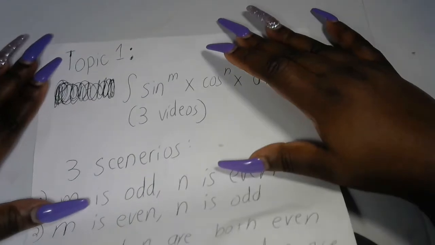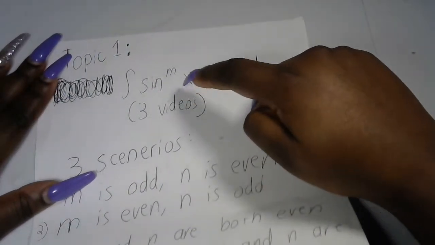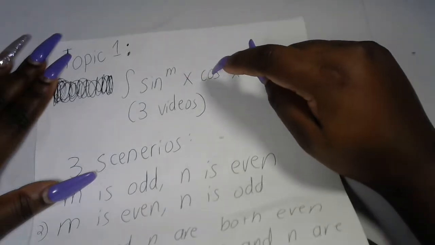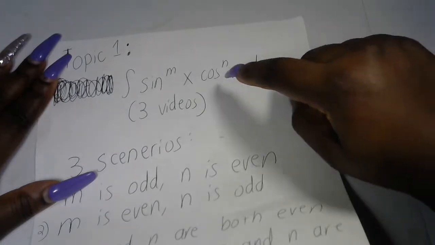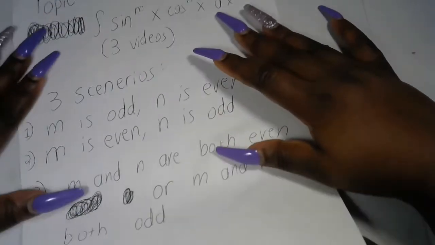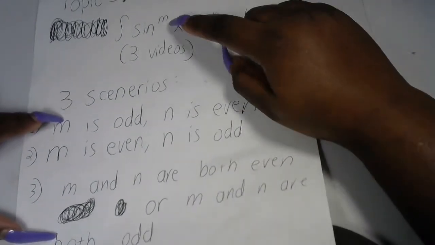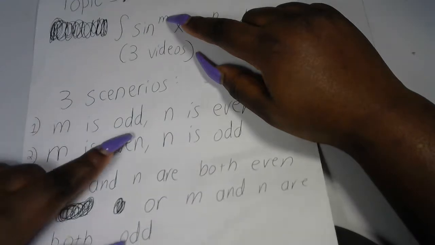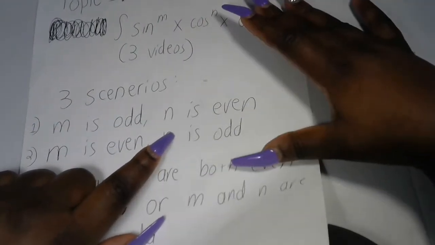Like I said, for topic 1, we're going to do integrals that look like the integral of sine x to the m power times cosine x to the n power dx. I'm going to do 3 videos on this topic because there are 3 different scenarios for this type of integral. There's a scenario where m, the exponent of the sine function, is odd, and n, the exponent of the cosine function, is even.